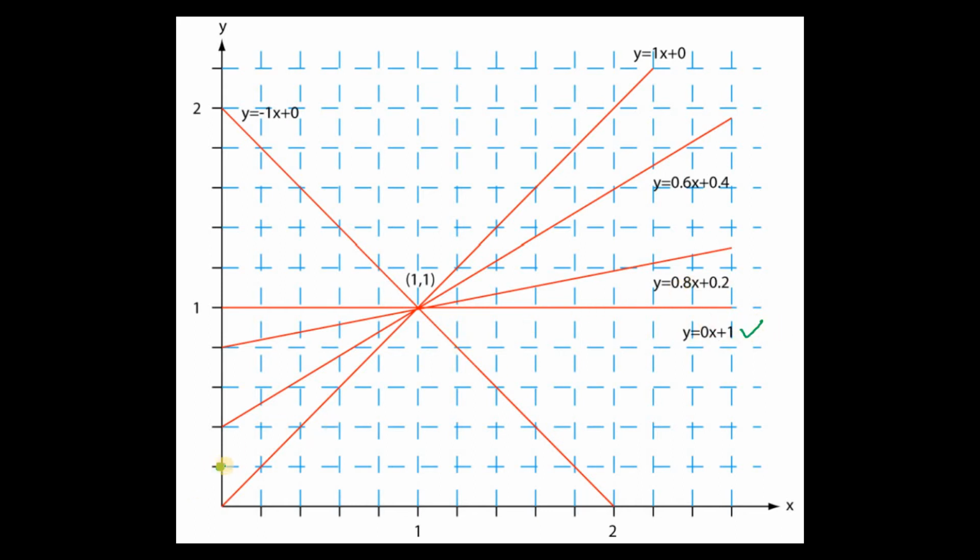Then M is 0 and 1. And then it is M is 0.8 and B is 0.2. 0.8 is this one and 0.2 it's almost here. Then there is another one, 0.6 and 0.4.